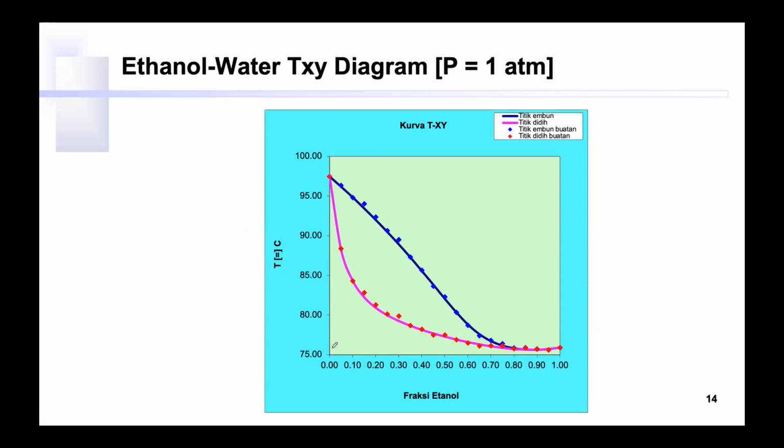So at 0.01 XA, maybe this one, and then YA is this one, okay, like that. And then you can try it in your spare time. So at one temperature, everything has a pair of the Y and also the X.